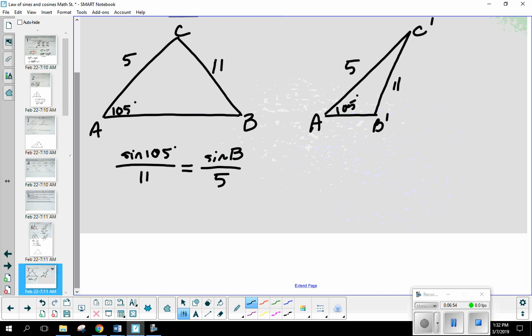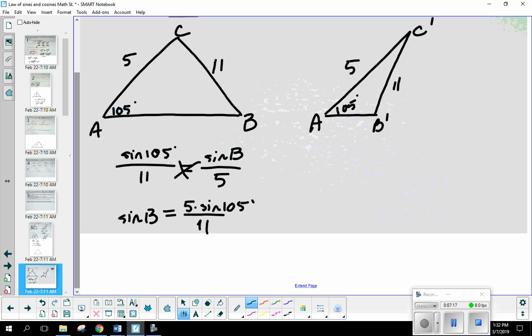Sine of B would equal what ratio? What would be in the numerator? Okay, so 5 times the sine of 105, and then we divide that by 11.